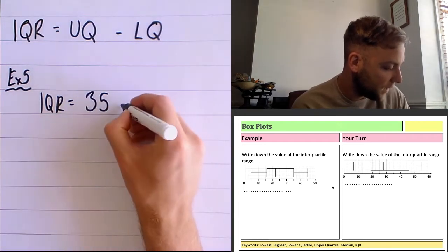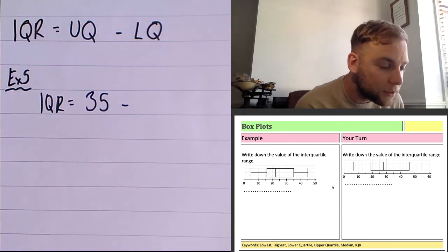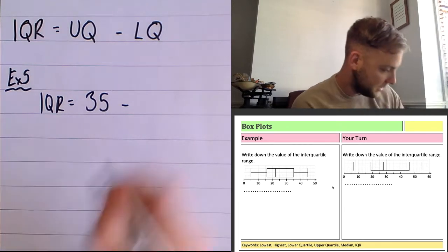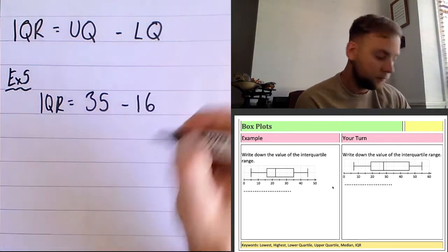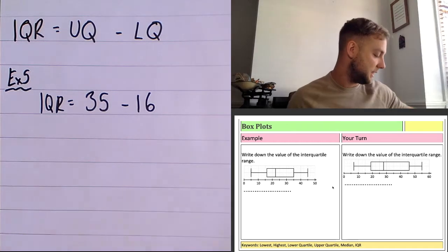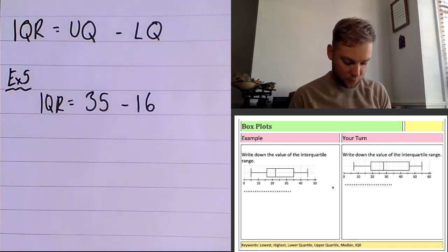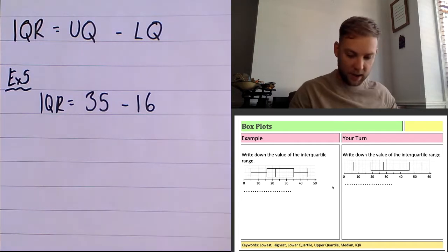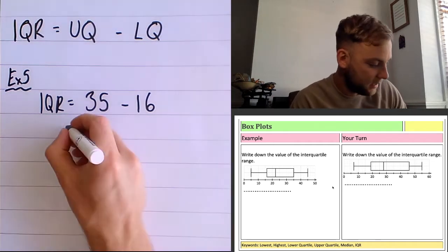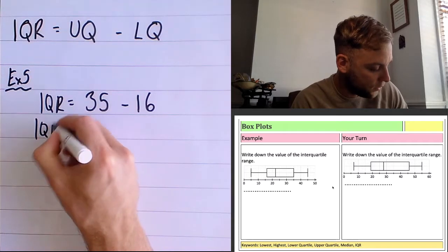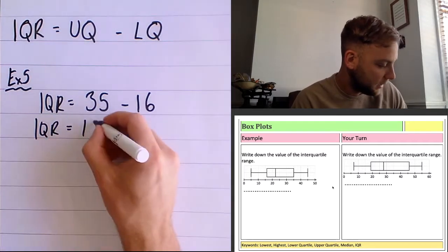So 35 subtract my lower quartile, which in this case is 16. So 35 subtract 16, you should be able to do this in your head, but I'll do it anyway, is equal to 19. So that's your interquartile range for that first one, 19.